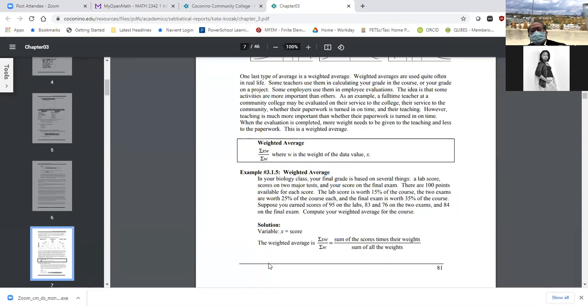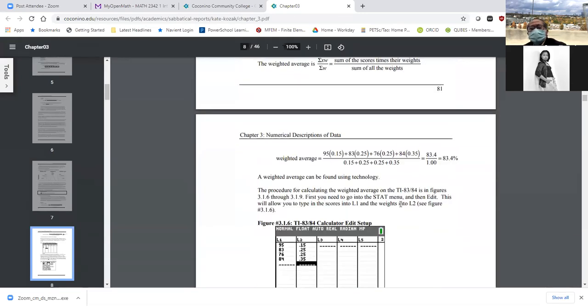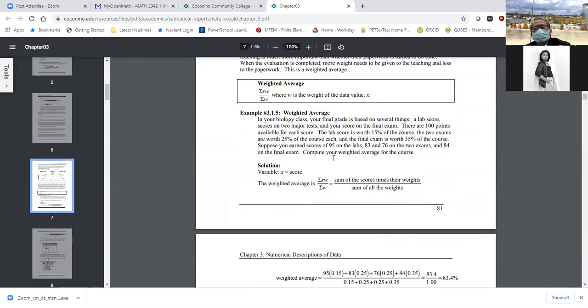How do you find the final score? You need to use the weighted average. The lab is 95 and the weight is 15%, so you multiply 95 times 0.15.